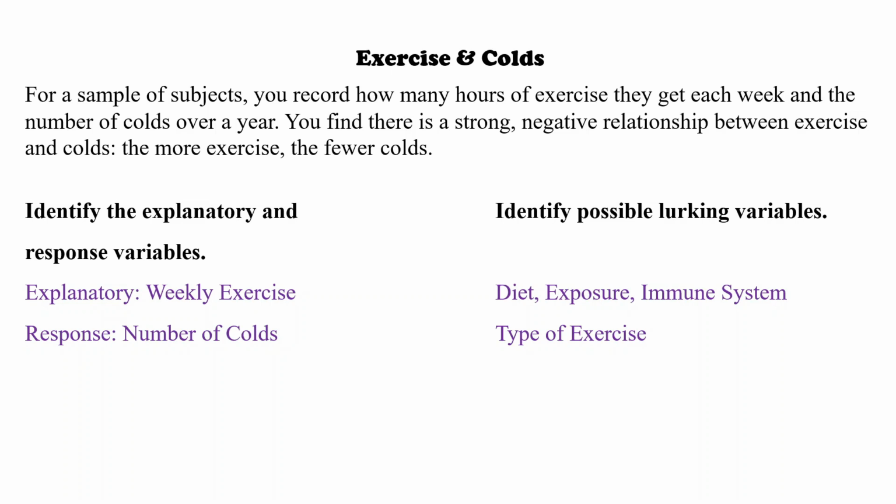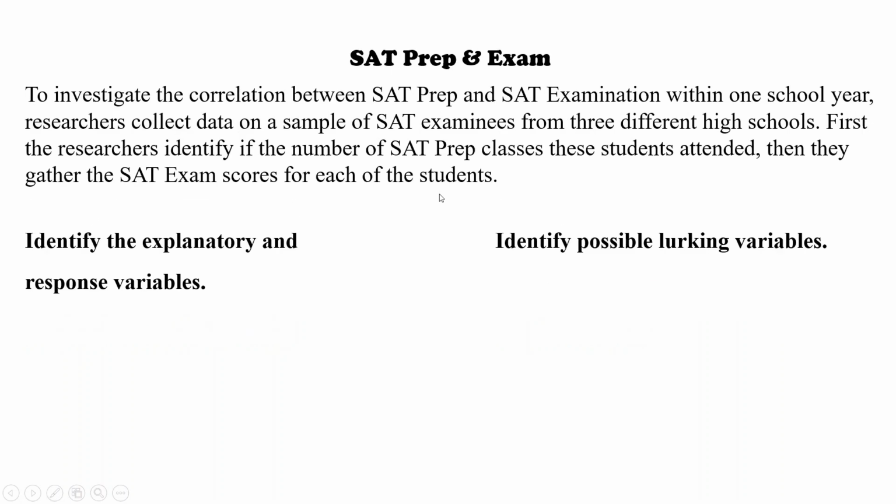Diet, exposure to different pathogens, the immune system of a person, the type of exercise they are doing, right? There's a lot of variables that play into both what determines someone's weekly exercise as well as how many colds they get a year. So because of this, this is an observational study. We are gathering data, but we don't want to draw that cause and effect relationship too quickly.